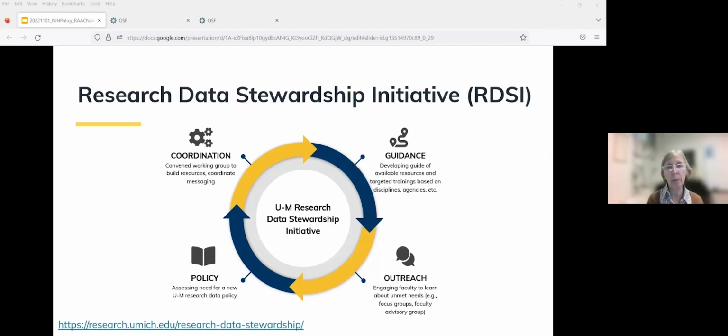This initiative is quite broad when it comes to helping researchers with data management and sharing, and a lot of the effort is focused around coordinating, clarifying, and communicating what the university already offers with regard to services and research resources. So we encourage you to check out that RDSI website, and I will just make a little plug. In the lower right-hand side of that research data stewardship page, there's a nice yellow and blue section for the connection to the NIH policy sections.